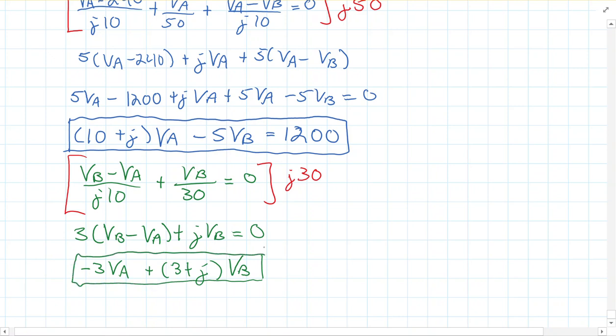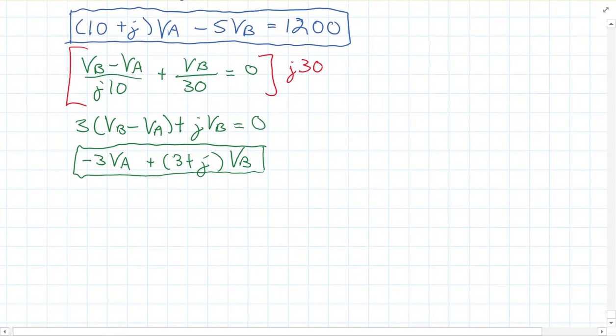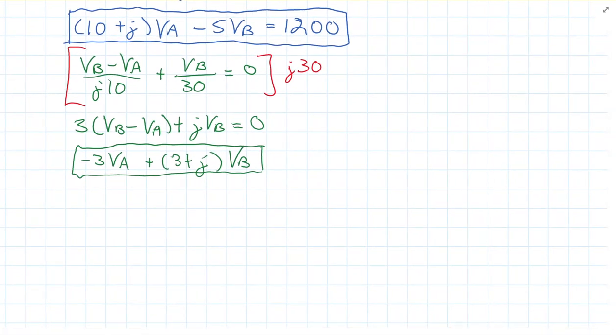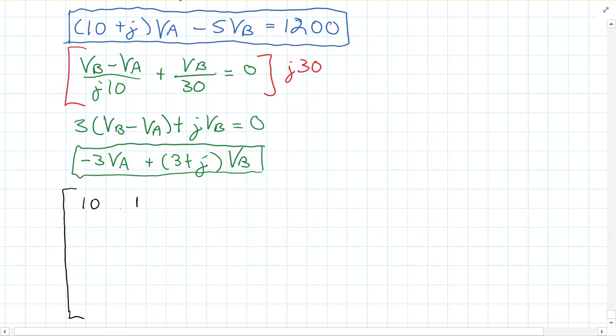So I've got 2 equations and 2 unknowns. And so again, depending on your calculator, you might have to set this up, and I'm going to set this up as if we had a calculator that you couldn't plug complex numbers in. So this would be 10, 1, negative 1, 10, and again that's for this.